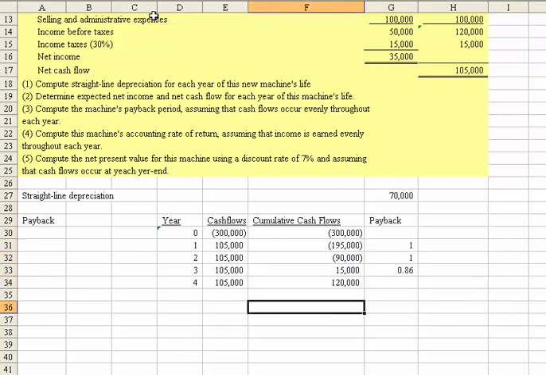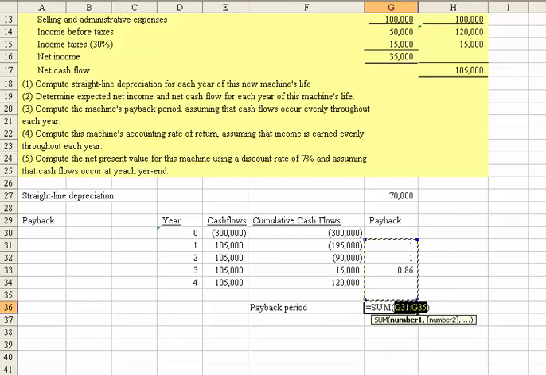So to calculate payback, I would simply sum from above, and what we get is a payback period of 2.86 years. Now, you could also solve it another way by simply taking the 300,000 and dividing it by 105,000 per year.